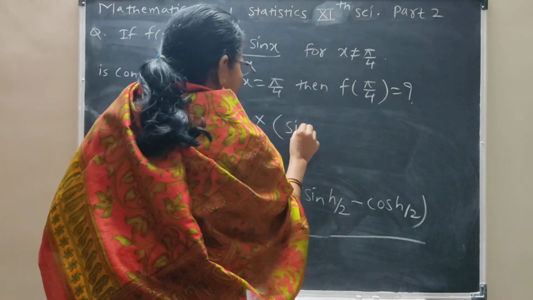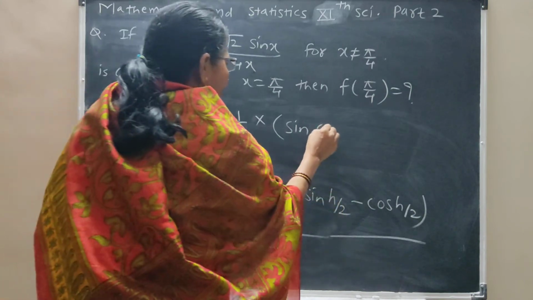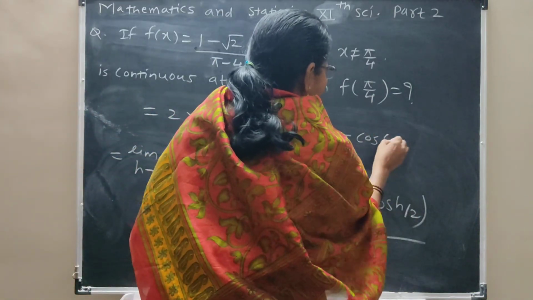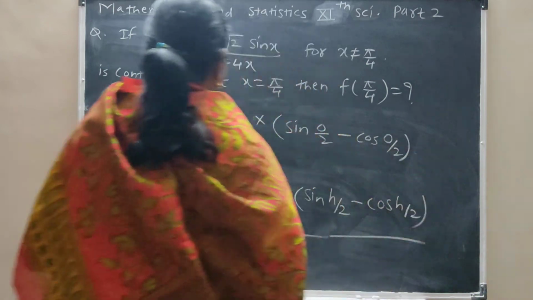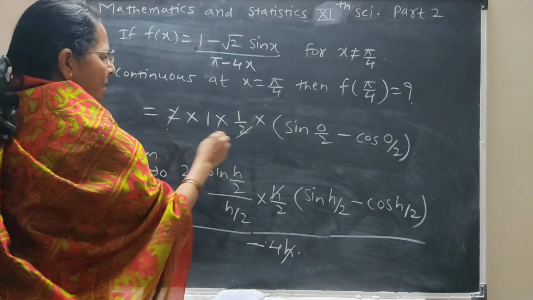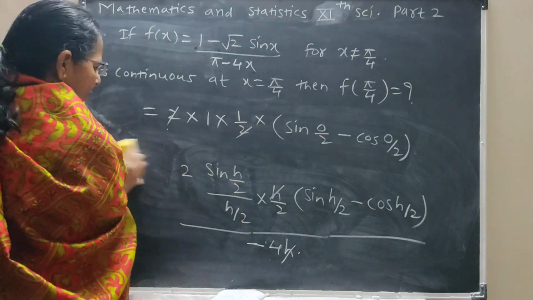Sin h is 0 and cos h is 0 in the limit... 2 gets cancelled since in every term there is a product.